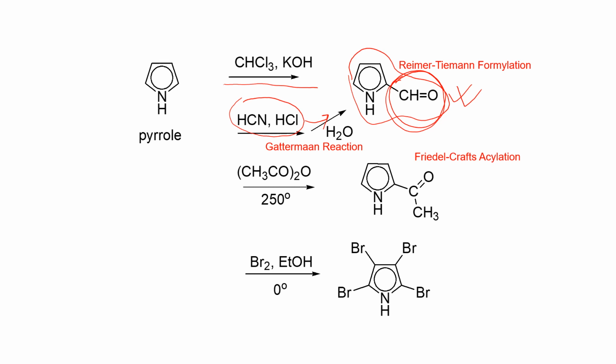The next reaction is the example of Friedel-Crafts acylation, and we know that during Friedel-Crafts acylation, an acyl halide will react with an aromatic compound. In case of pyrrole, when pyrrole reacts with acetic anhydride, the acetyl group as an electrophile will be produced from acetic anhydride, and that electrophile acetyl group will attack the 2 position of pyrrole, and this 2 substituted product will be the major product after Friedel-Crafts acylation, that is, an alkyl aryl ketone will be produced.